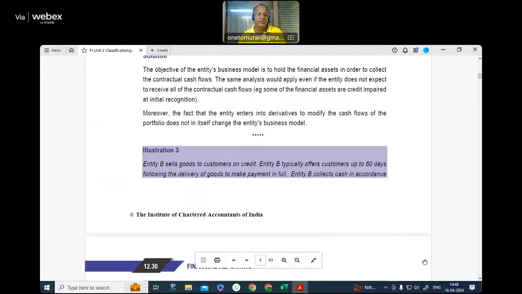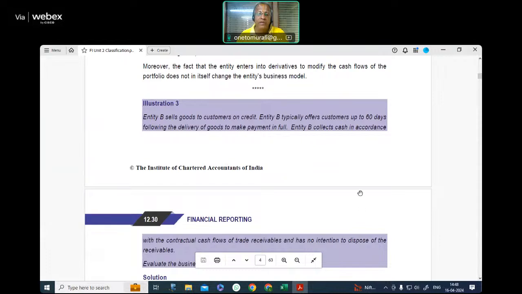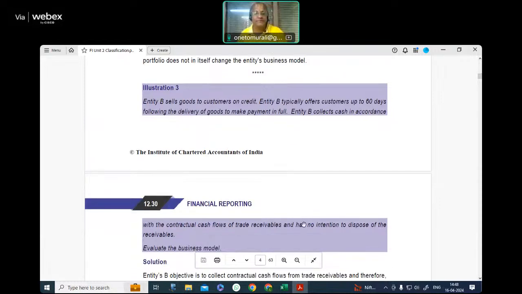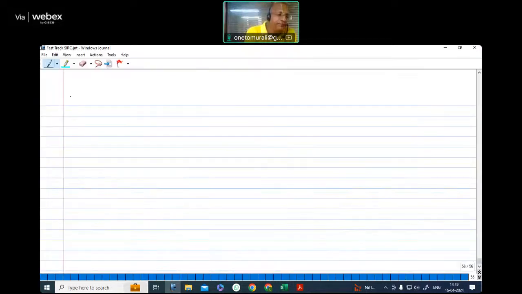Entity B sells goods to customers on credit. Entity B typically offers customers up to 60 days following the delivery to make payment in full. Entity B collects cash in accordance with the contractual cash flows of trade receivable and has no intention to dispose of the receivable. Evaluate the business model. So, illustration number 3, how it is to be handled.